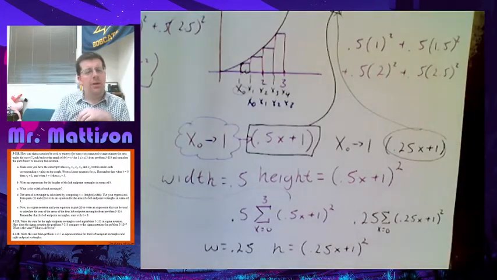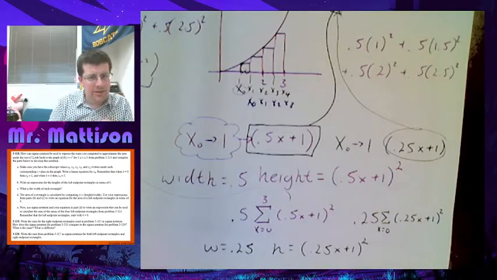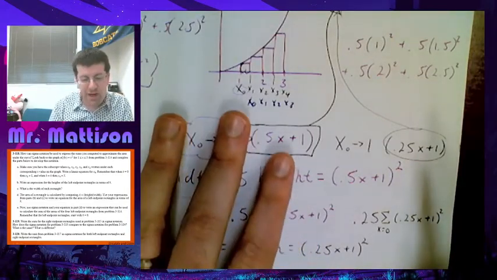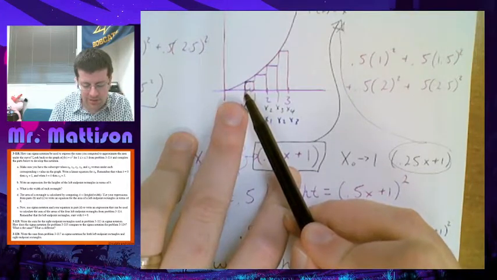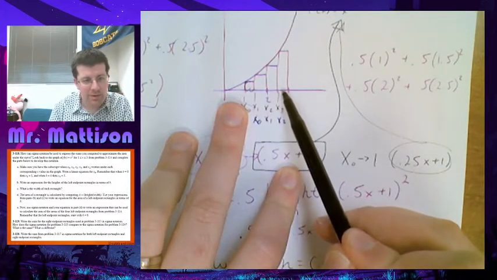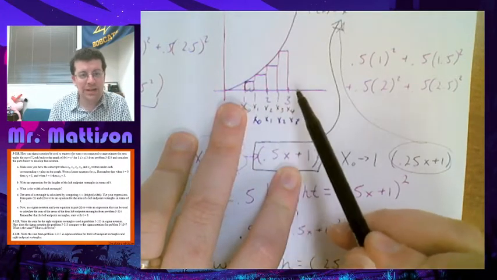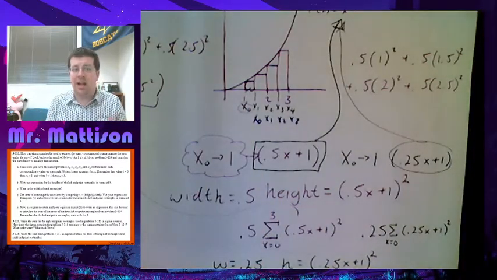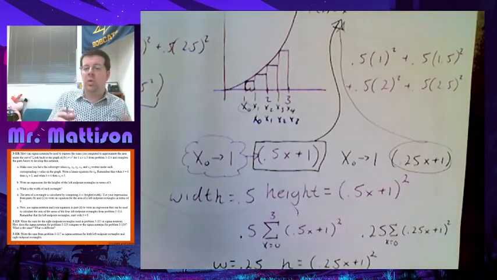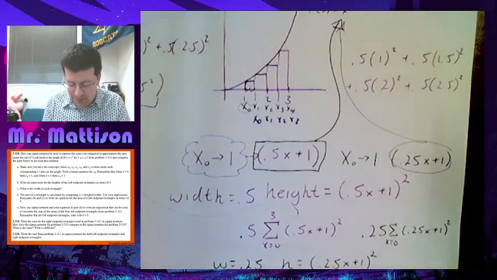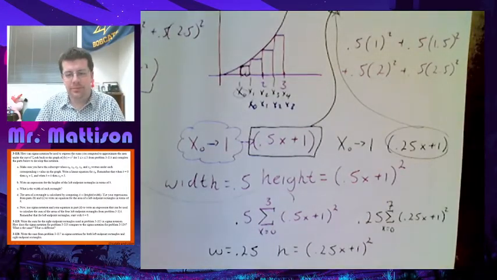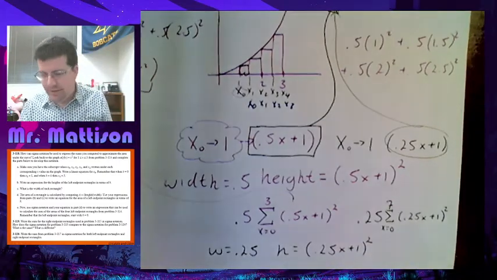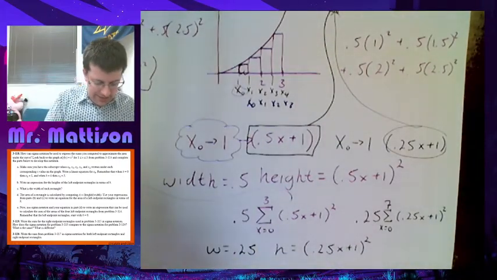Well then how many of these do I have? Well, if I broke it up into 8 rectangles starting at 0, I would go to my 7th one. So 0 to 7 is 8, right? Because again, we're not starting our count at 1, we're starting our count at 0. So that's why I want to go from 0 till 7, right? So let's see if that gives us the same thing as we got the last time.